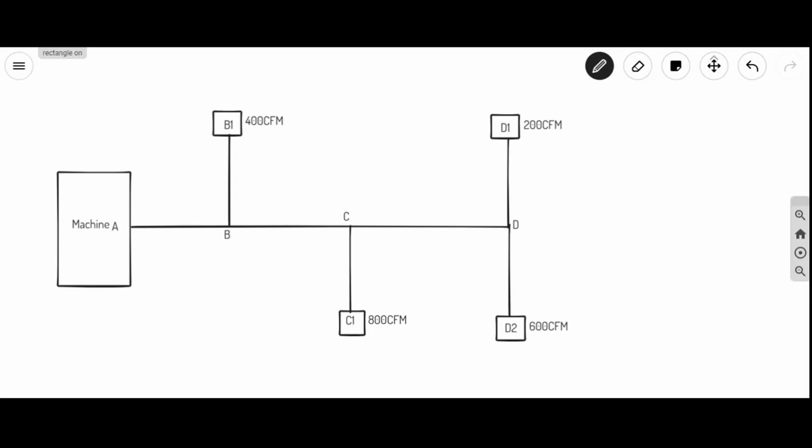We also call it a trunk duct. BB1, CC1, DD1 and DD2 are called branch ducts.